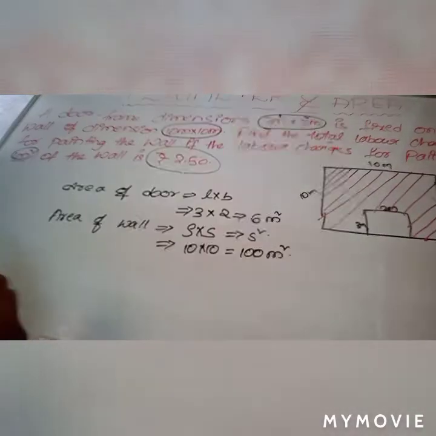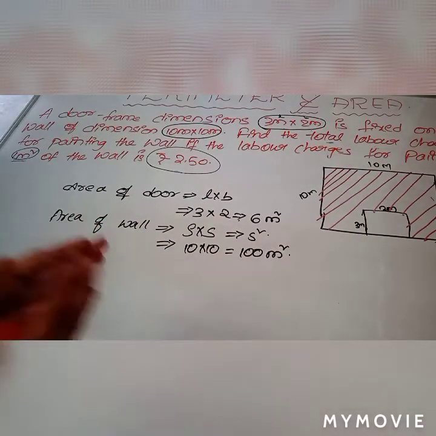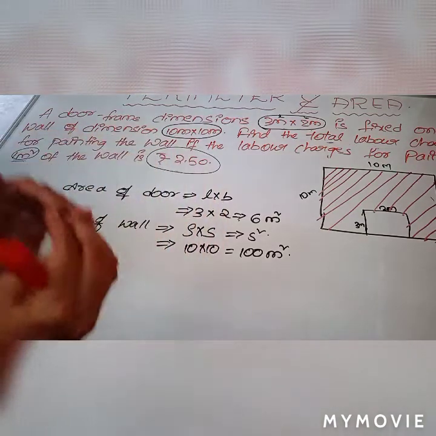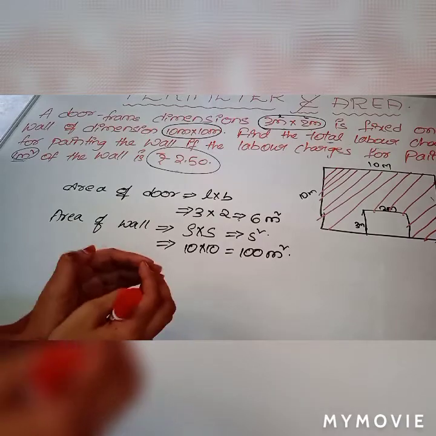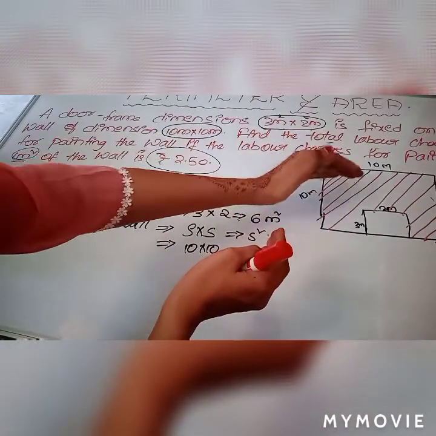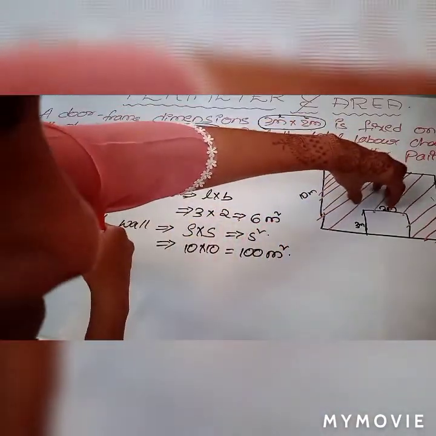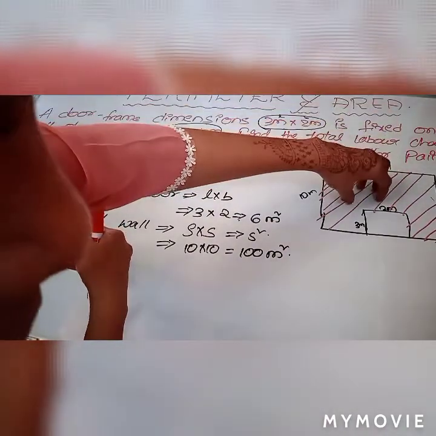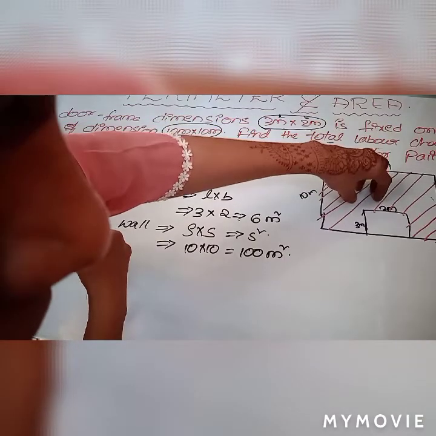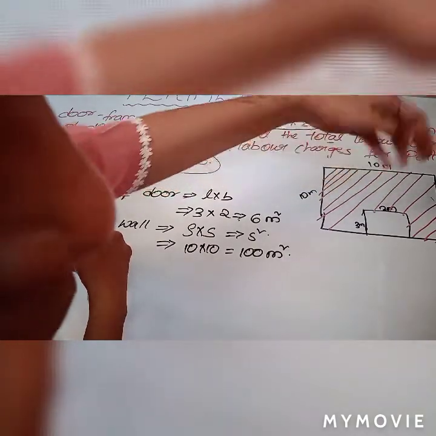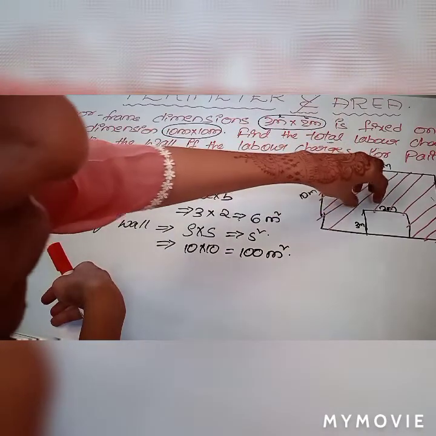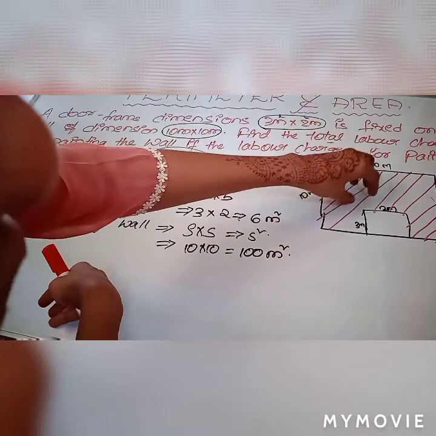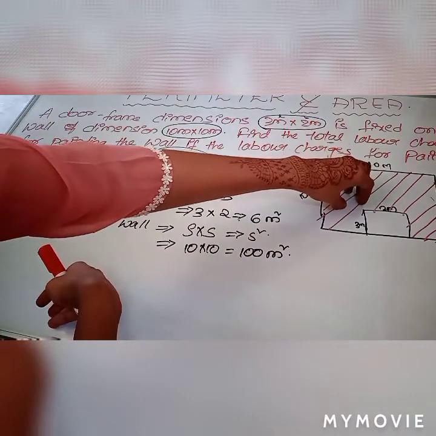See children, as I said, what is area? Area means the measurement that is inside the shape. Inside part is known as area, outside part is known as perimeter. So we need to find the painting charges for the inside area. Simply, we will find the area of this region, isn't it?